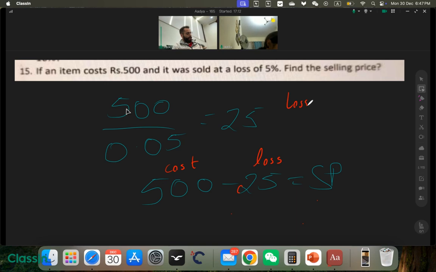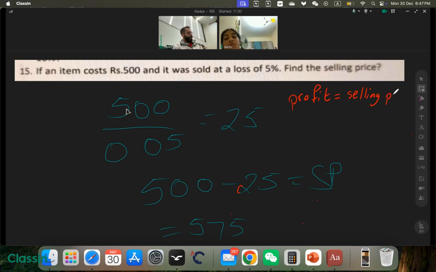So the loss is equal to selling price minus cost. No. Earlier profit was equal to selling price minus cost. Now the loss is equal to selling price minus cost as well, no? Selling price minus cost.